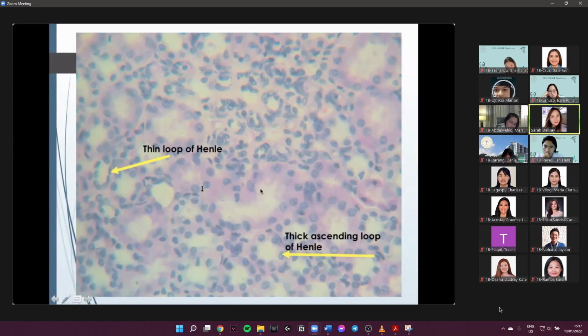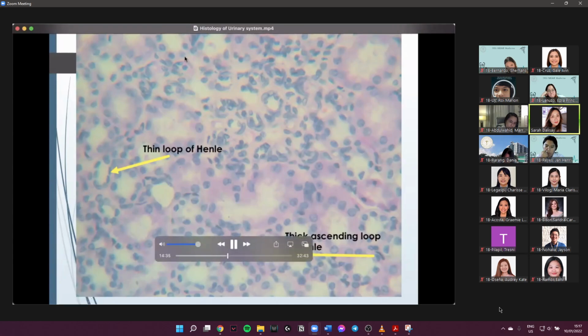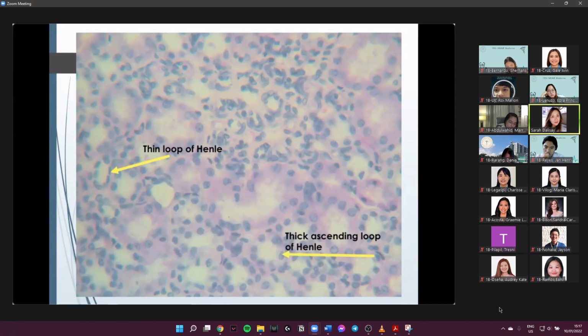So this again is an example of what we call your descending loop of Henle. Now, after the descending loop of Henle, you will have a thin loop of Henle, which will be lined by squamous epithelium. So this one is an example of your thin loop of Henle, which as you can easily see is made up of squamous cells.